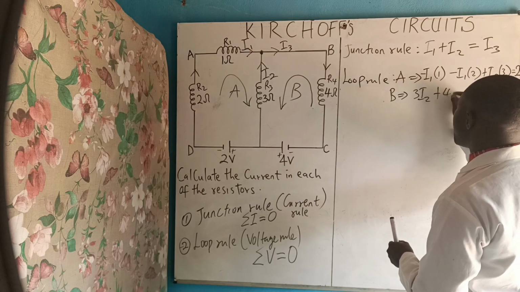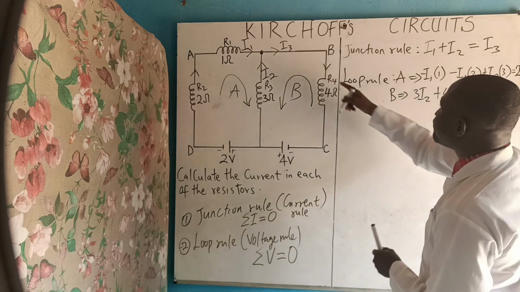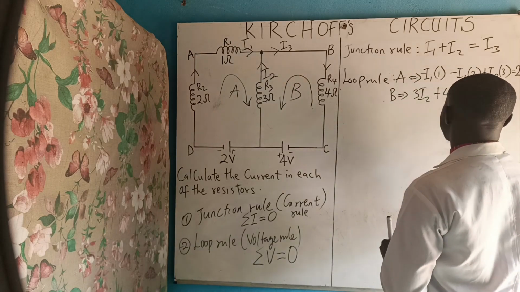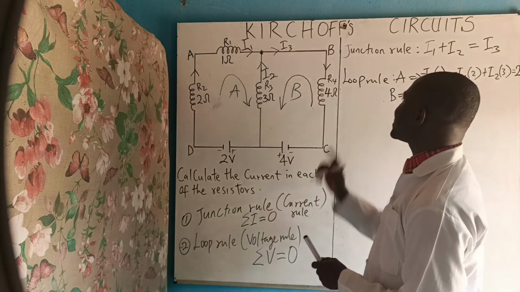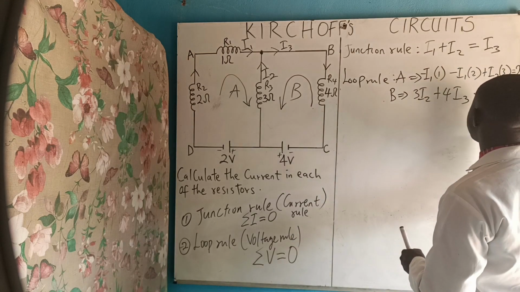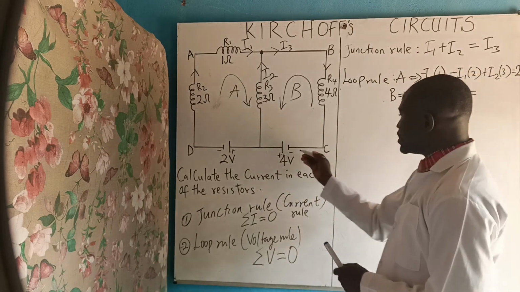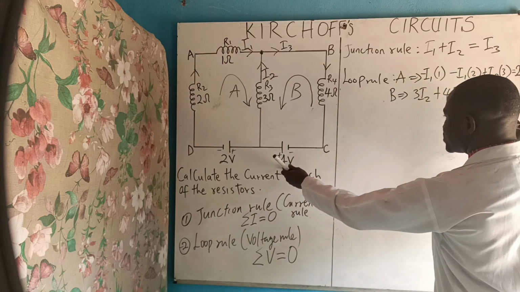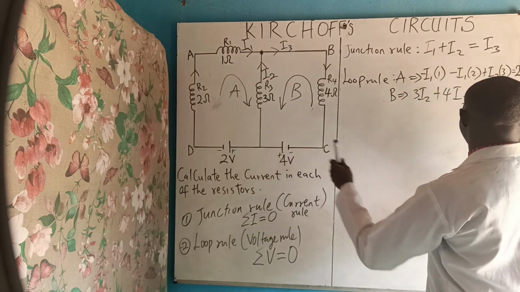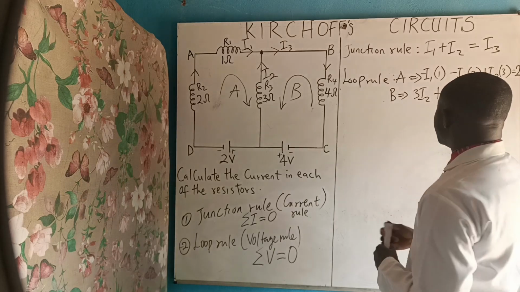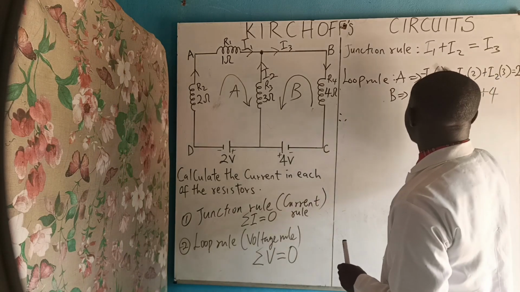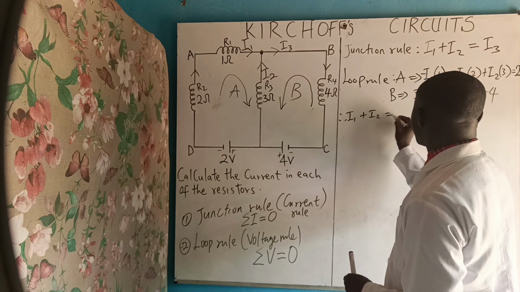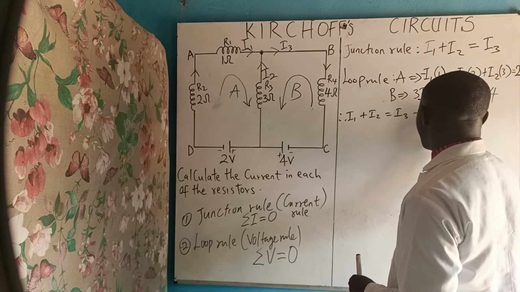So plus 4I3, we say that this is I3. So 4I3 is equal to, since it's moving from negative terminal to positive, plus 4. So we have gotten that I1 plus I2 is equal to I3, equation 1.